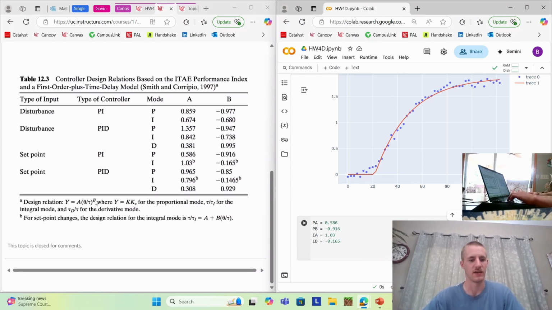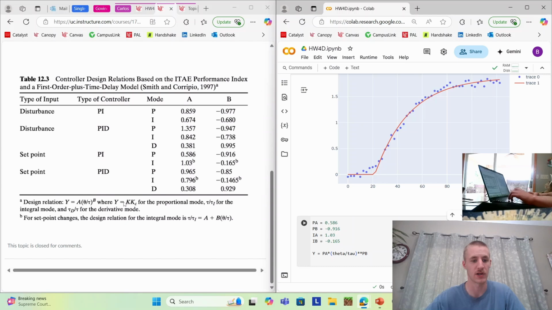Right, and then here we have y equals A times theta over tau to the B, we'll have for our P, right? So that's our PA. That's proportional. So PA times theta over tau to the PB.